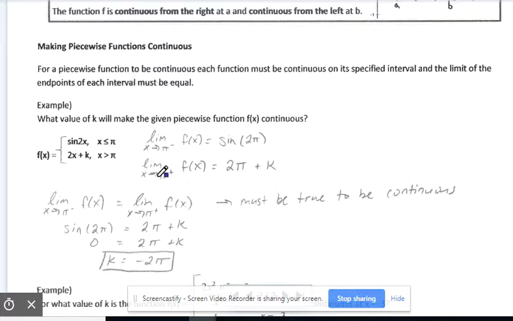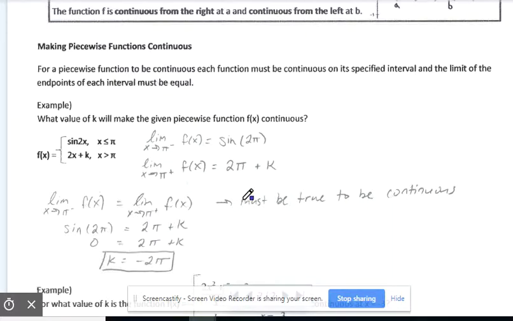And the limit as x approaches pi from the right of f of x is going to be given by this line here, 2x plus k, since that's defined as being to the right of pi. And what we want is we want these to equal each other, because if these two limits equal each other, then that will make the function continuous.